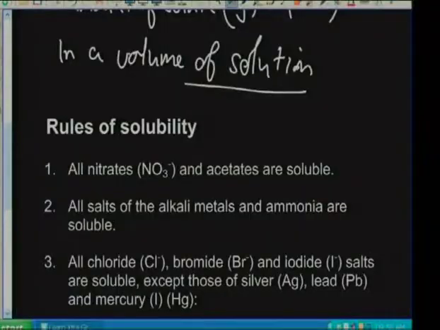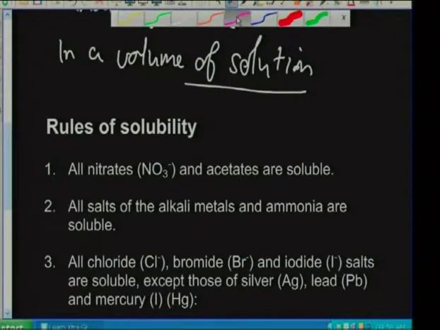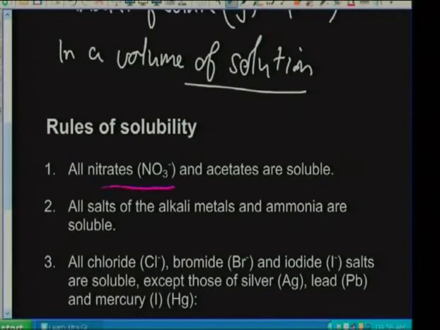The first rule, and it's a very important rule for the environment, is that all nitrates and acetates are soluble. So if you've got a substance that has a nitrate or an acetate, the ending for an acetate being CH3COO, then you know it's soluble.